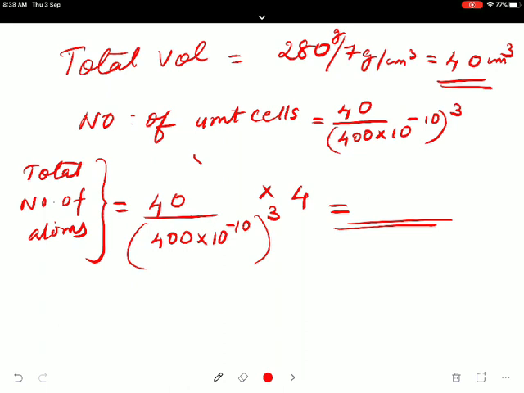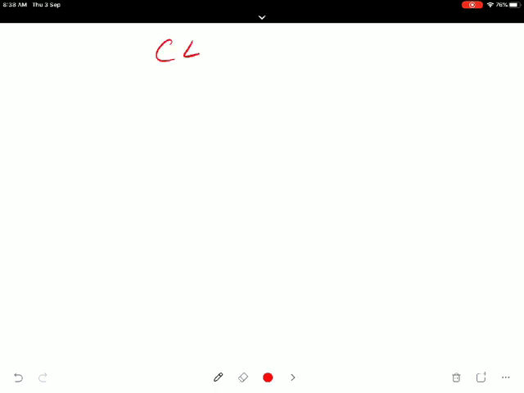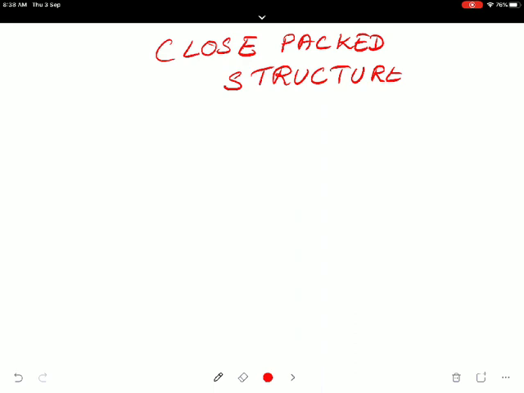If you take one piece of iron, so many iron atoms are packed in this to make this big lump.